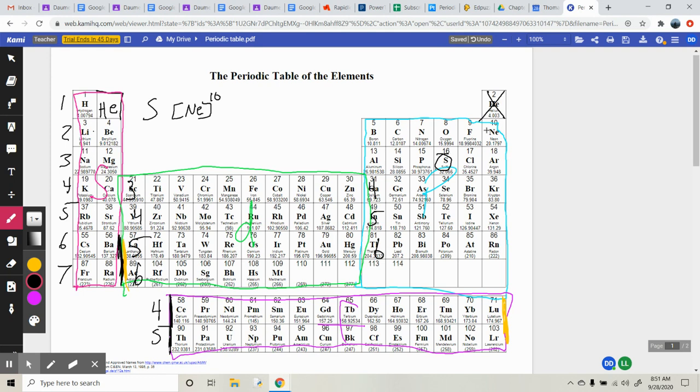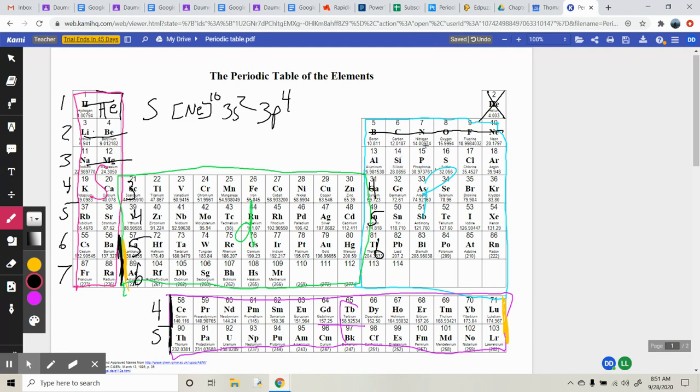I went up a row. I picked the noble gas in that row, and now that's my new starting point. So I've pretty much gone through all of these without listing them. And then I could say, I'm going to start right here and go 3s2, 3p4. Okay. So that is the shortcut.